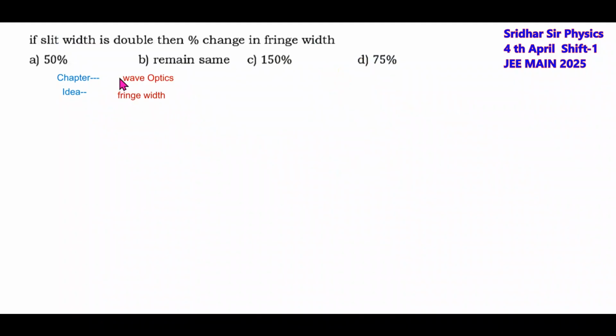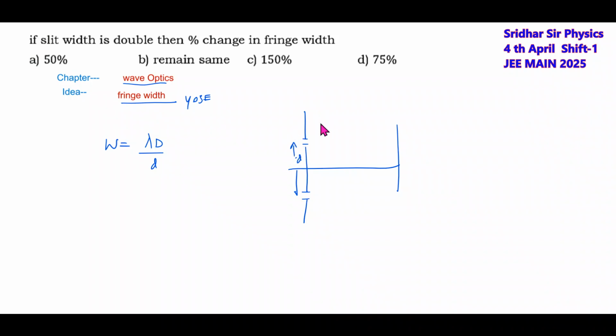Okay. This question belongs to wave optics, based on YDSE fringe width. According to this, the fringe width formula will be lambda capital D by small d. Small d is the slit separation. If the slit width is doubled, what will be the effect on the fringe width?